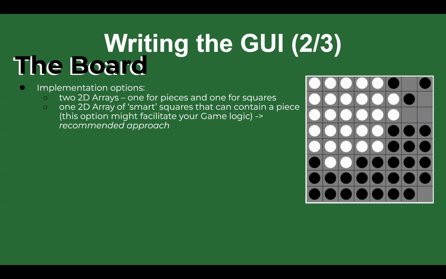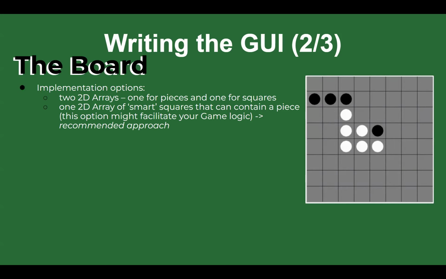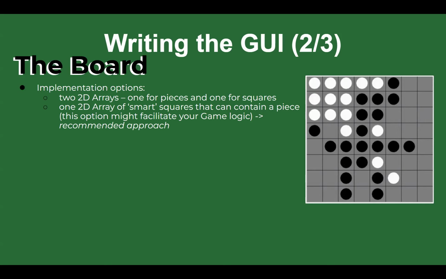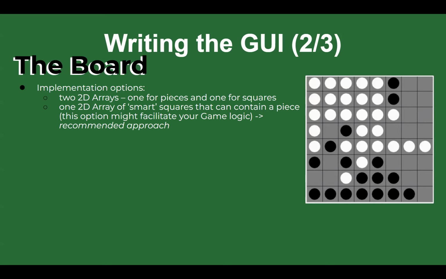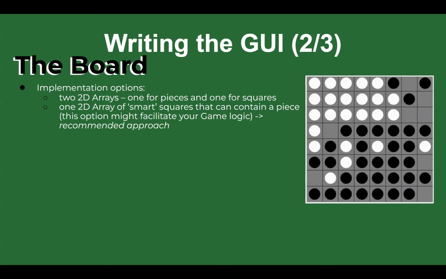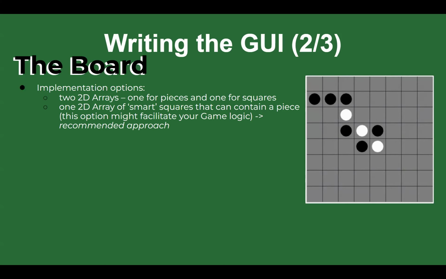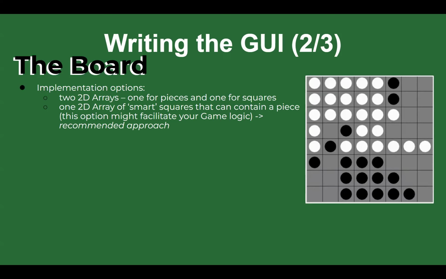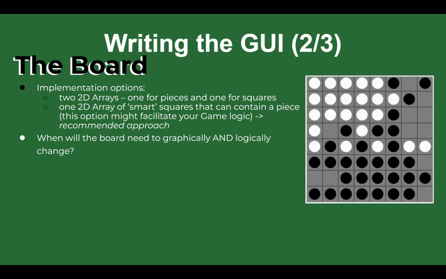Or you could do one 2D array of smart squares that can either be empty or contain a piece, and they know what piece they contain. That's the approach we recommend. It's honestly probably easier than doing the two 2D arrays, but if the two 2D arrays is really calling to you, you can go for that too.